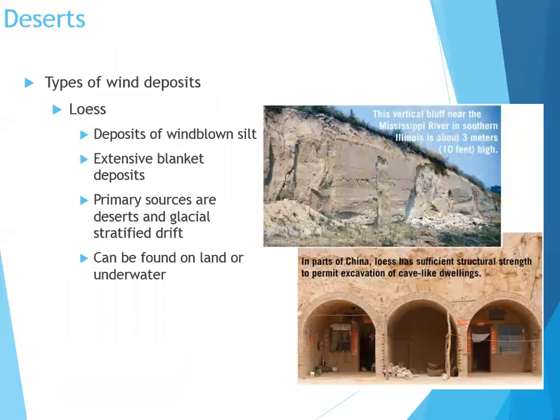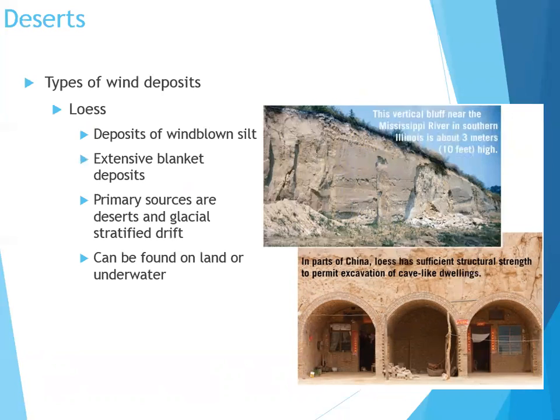We're going to mention 2 different types of wind deposits. The first is loess, and the other is going to be sand dunes. The loess ones are deposits of wind-blown silt. Sometimes clay will be involved in this. And wind is really good at depositing materials someplace else.